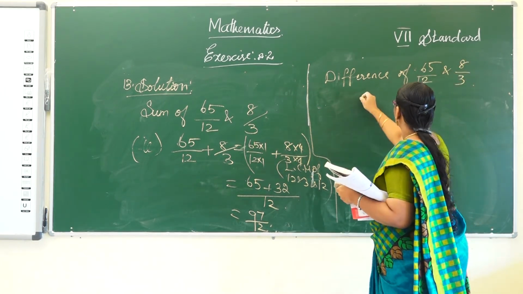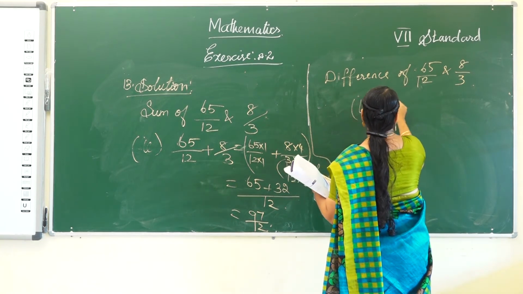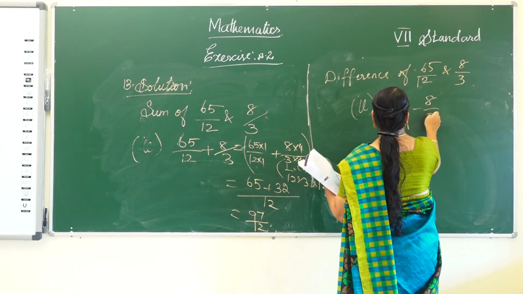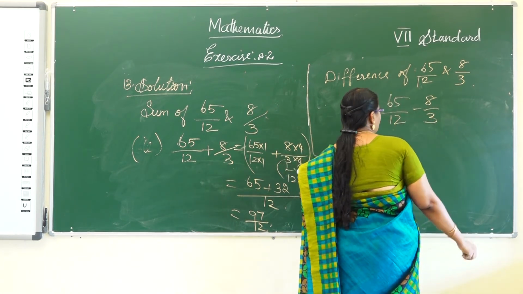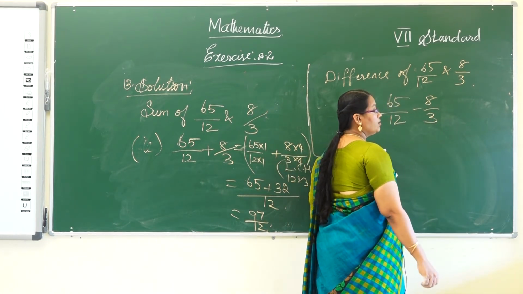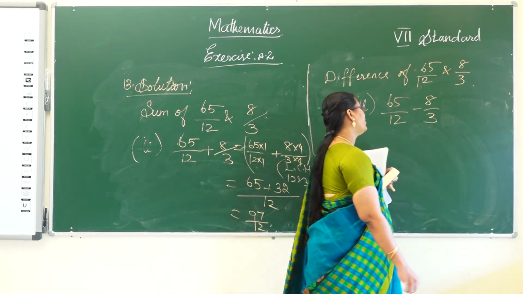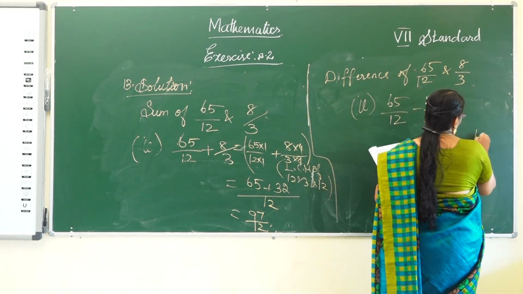The difference means subtraction. So 65 by 12 minus 8 by 3. Here also two different denominators, so unlike fractions are given. In this place you should find the LCM. So LCM of 12 and 3 is 12.